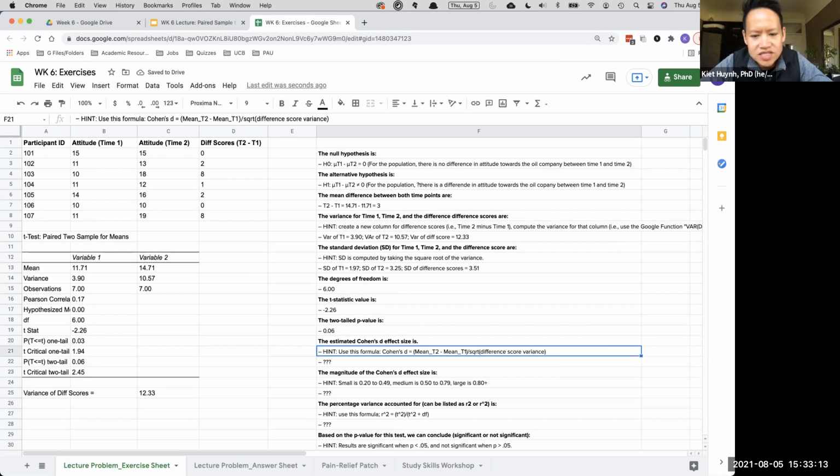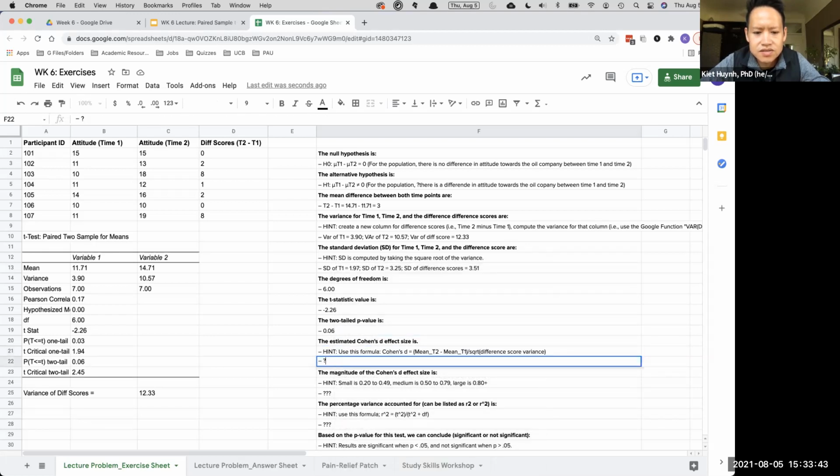The estimated Cohen's d effect size, and I added a hint here for you as well. Use this formula. Cohen's d equals the mean at time 2 minus the mean at time 1 over the square root of the difference score variance. Let me just copy all this and put it here.